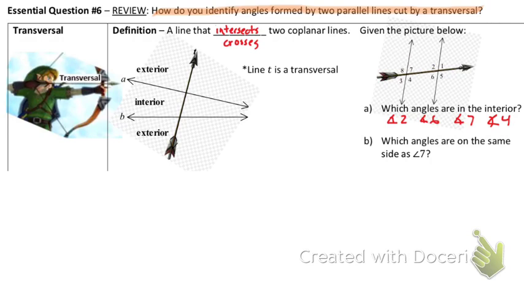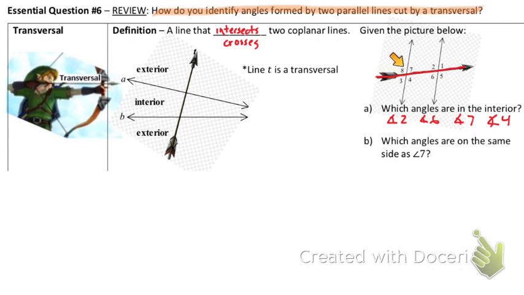All right, problem B, which angles are on the same side as angle 7? So we look at angle 7. Now when we talk about same side, we want to talk about the same side of the transversal. So our transversal is this arrow. So which angles are on the same side as 7?